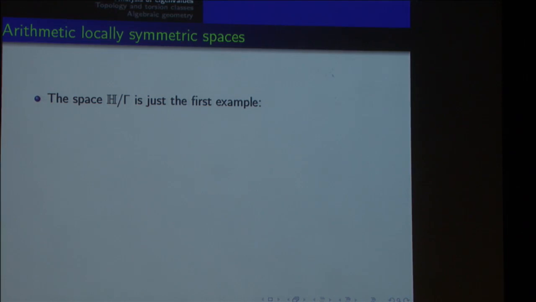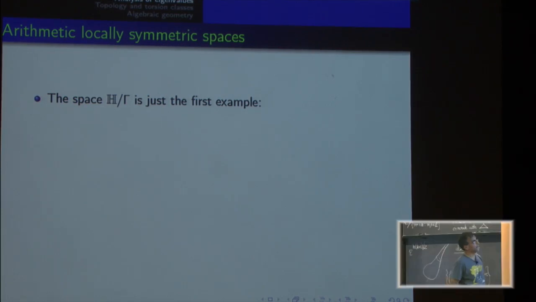All right, this is the example we discussed: the upper half plane modulo a congruence subgroup of SL2 of the integers. Now, roughly speaking, you can generalize this by replacing the role of SL2 by any semi-simple group and the role of the integers by any integer ring.